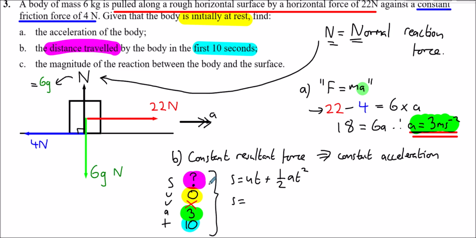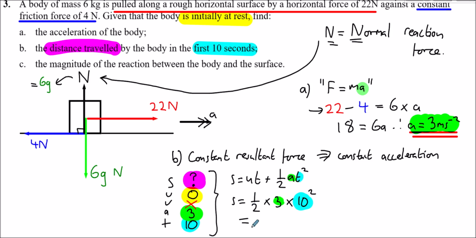So we need to work out s. u is 0, so ut is also 0. So we've got half times a. a from before is 3. So half times 3 times t squared, and from the question, the time frame we've got is 10 seconds, so t is 10. So s equals half times 3 times 10 squared.